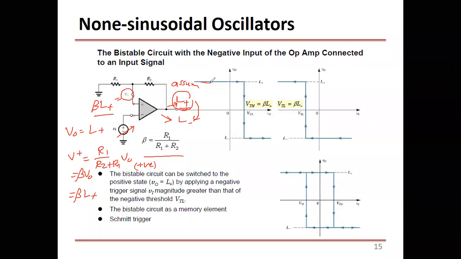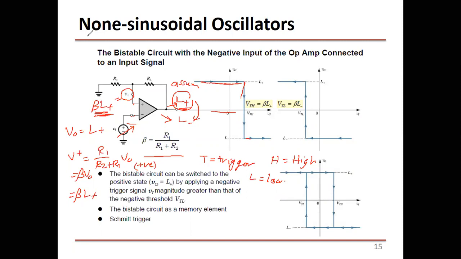Once the input goes above beta L plus, which we call V trigger high, VTH, where T means trigger, H means high, and L means low, the output will suddenly switch from L plus to L minus, because now the negative terminal has a higher voltage than the positive terminal.